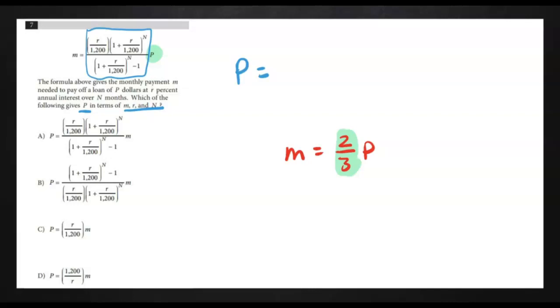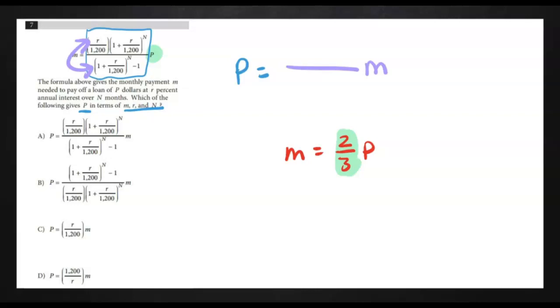Well, remember, dividing by a fraction is the same thing as multiplying by its reciprocal. So the reciprocal of my big formula there is just this fraction flip-flopped over. So what you have is p has to equal that fraction, multiplied by that m.